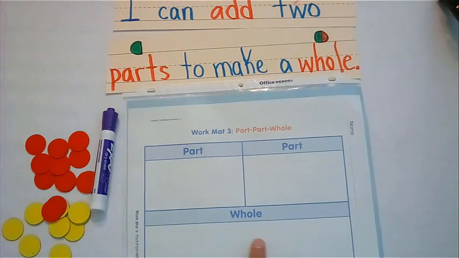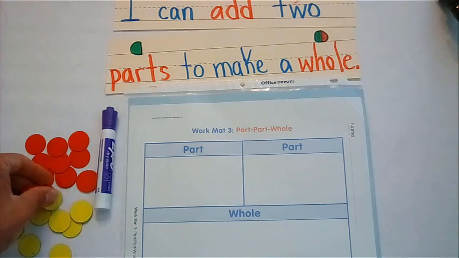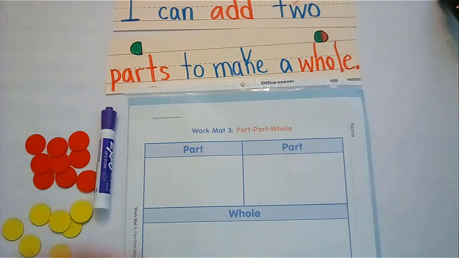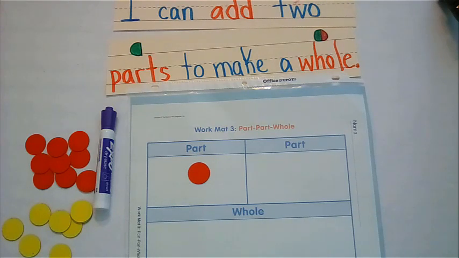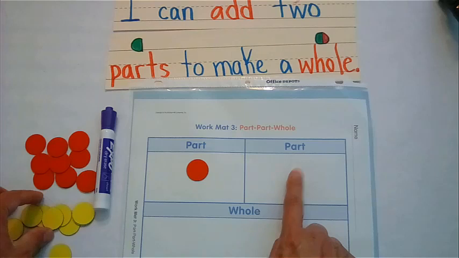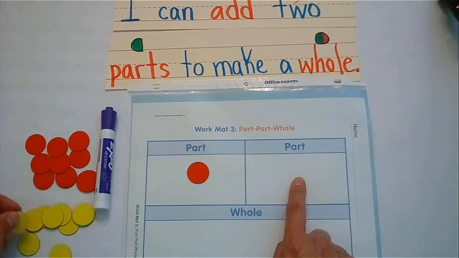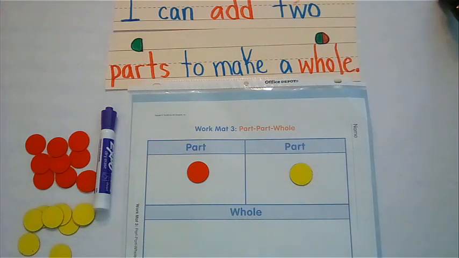And we're going to use our work mat and our counters, and I will show you how to do that. So, if I have one part right here, so I'm going to put one red counter. Now let's say I have one part over here. I'm going to put a yellow counter right there.